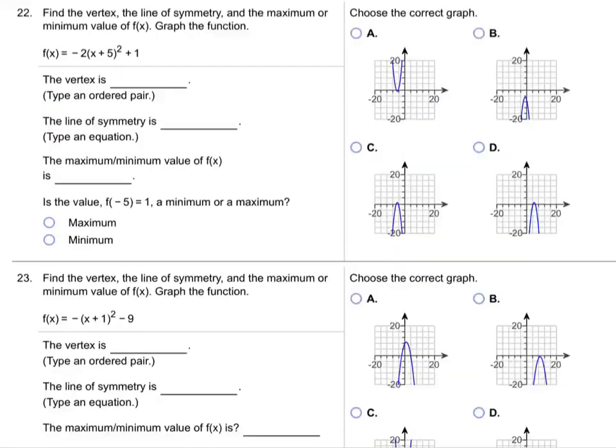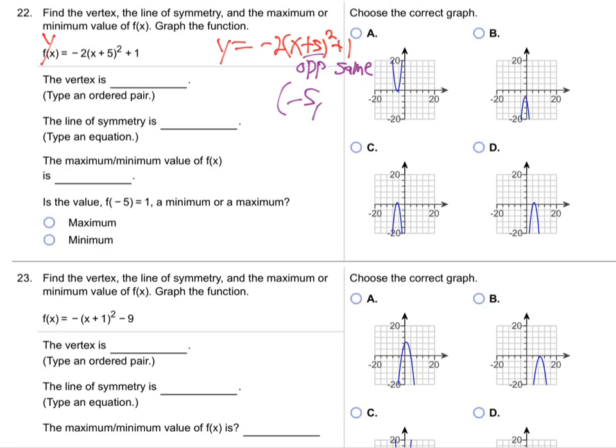Got it. Okay, so here we are in number 22. And they're giving me y equals negative 2 times the quantity x plus 5, squared, plus 1. So remember how we do these. Whenever they have the parentheses squared, you just go opposite, same.